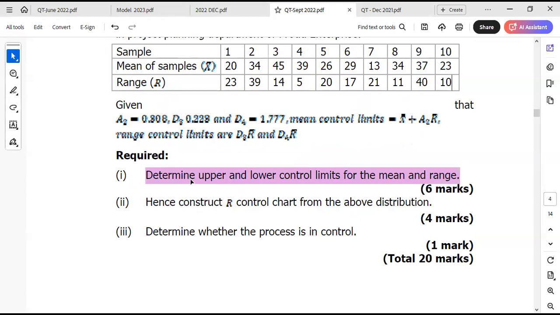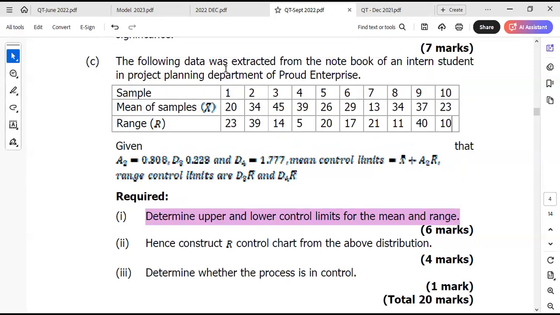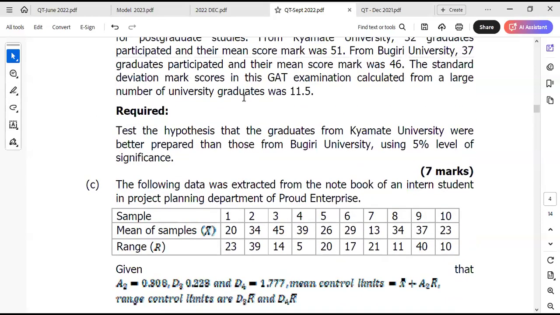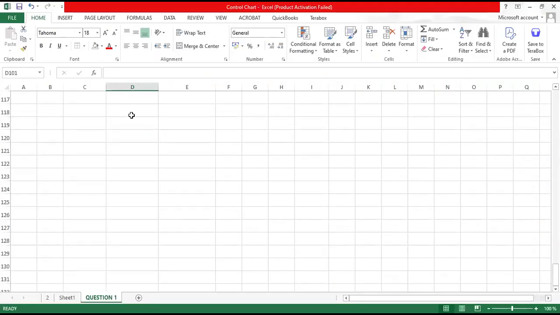So, colleagues, let's do this. Let's do this actually. This is what I want. This is September 2022.